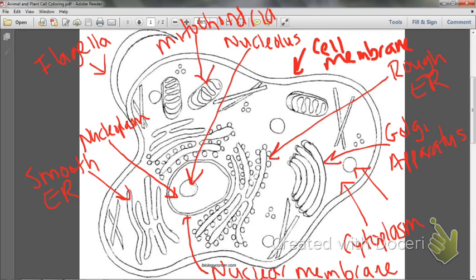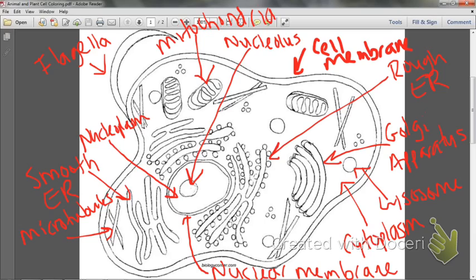So this circle here would be one of the lysosomes. Our microtubules, these make up part of the cytoskeleton, and they look like chopsticks inside of the cell. This is a 2D model, so they don't stretch all the way through the cell like they normally would, because otherwise we wouldn't be able to see any of the other organelles.